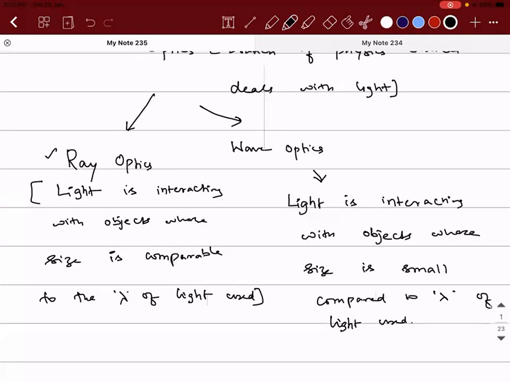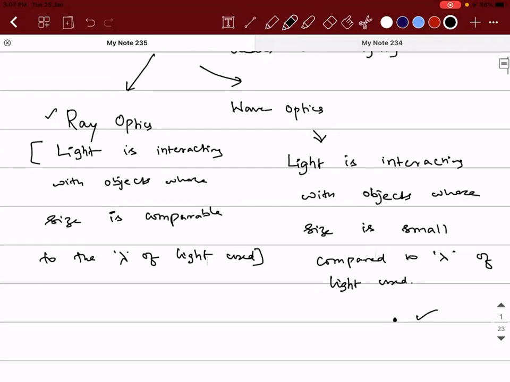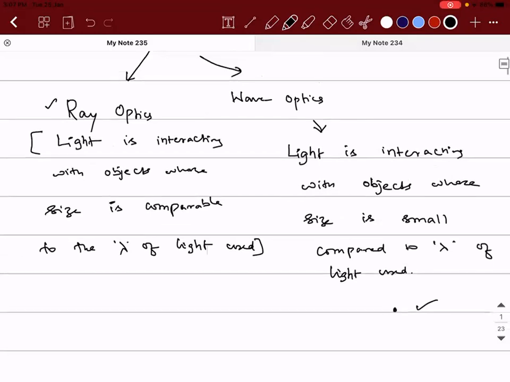Means if the light is going to interact with very small obstacles like small openings, where the opening size is very small compared to the wavelength of the light that you're going to use, under that scenario, the branch of physics that comes into picture is wave optics. Please make a note of this point.